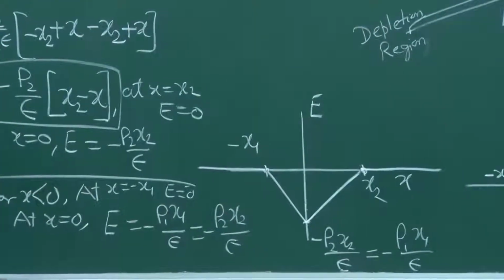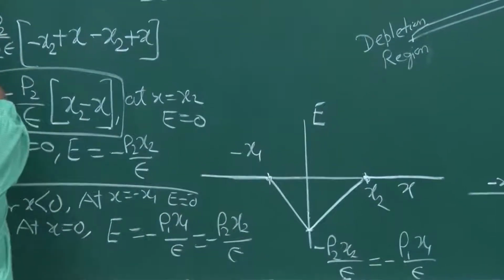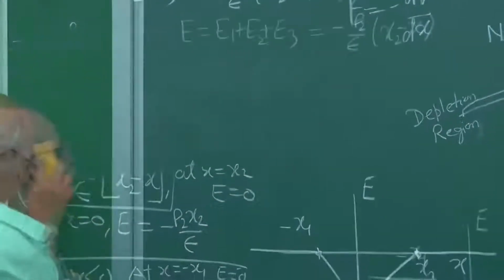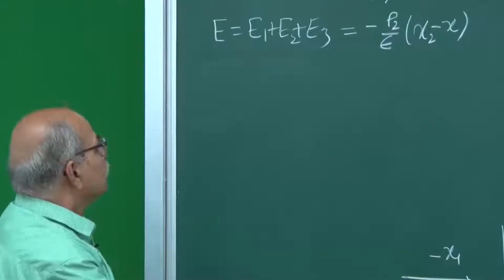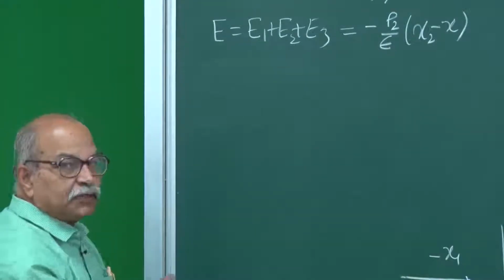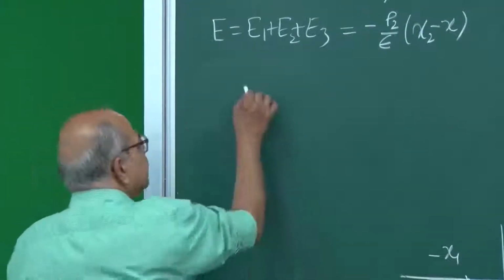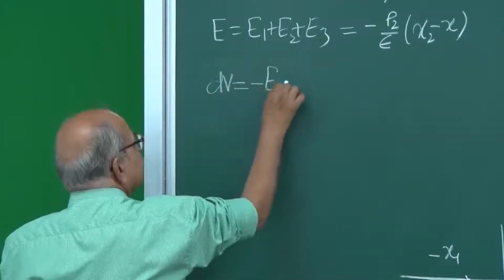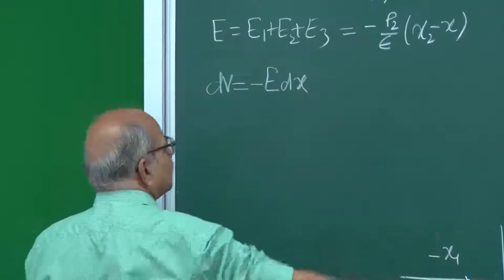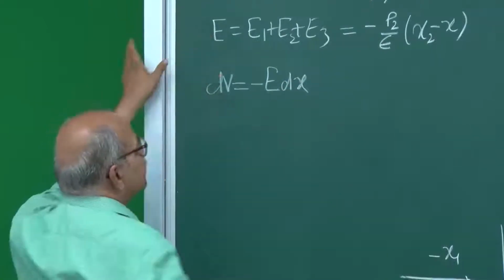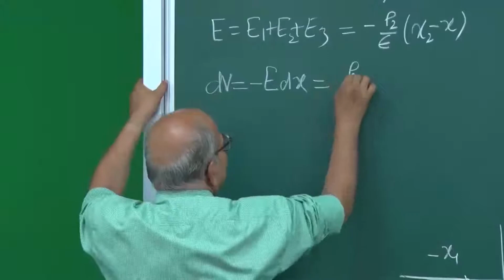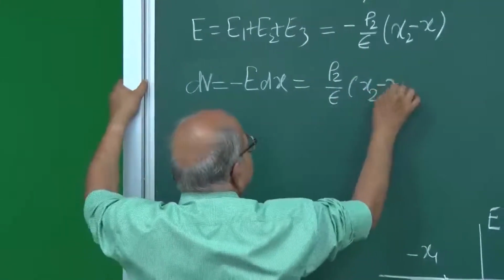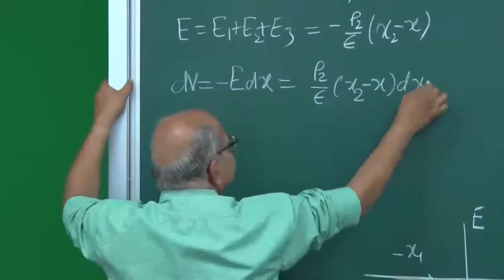Okay, so now let me erase the other parts. You know the basic definition of a potential difference: dV is equal to minus E dx for the one dimensional case, and so here it will be rho 2 over epsilon times x2 minus x and dx.